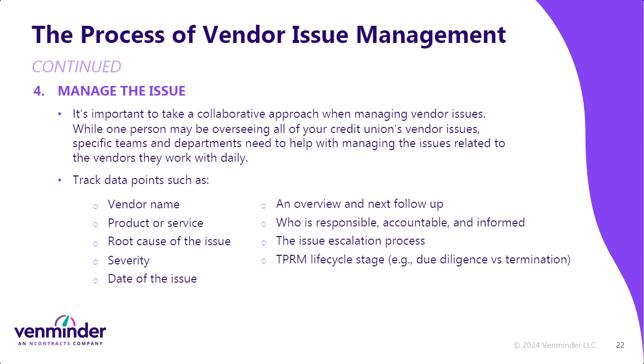And certain data points that you're going to want to track when you're managing these issues are, of course, the vendor name, and what product they're providing, because they could be providing multiple ones. So what product is associated with this service? What is the root cause of the issue? The severity level, of course, when it occurred, what the next steps are, who's responsible, et cetera, et cetera. This is a common way of managing any issues.